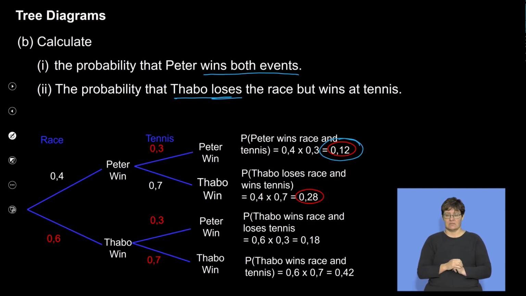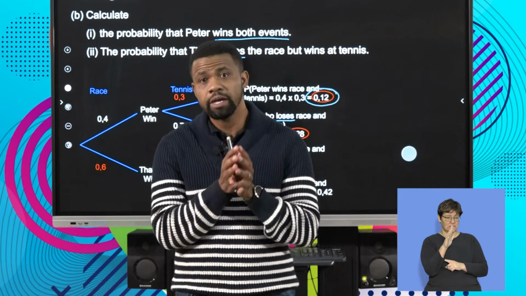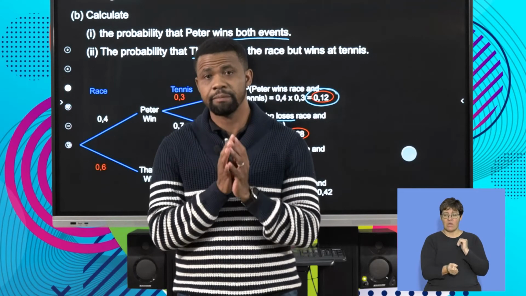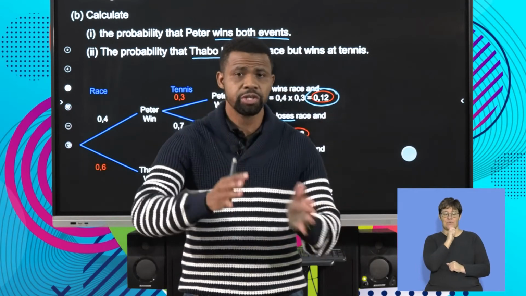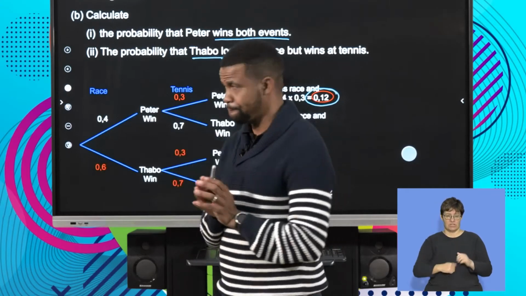Thabo loses a race and wins tennis will be 0.4 times 0.7, which is 28% or 0.28. Are we all together? So if I have my tree diagram, I'm able to calculate whatever question comes out in terms of the probability by just using my branches.